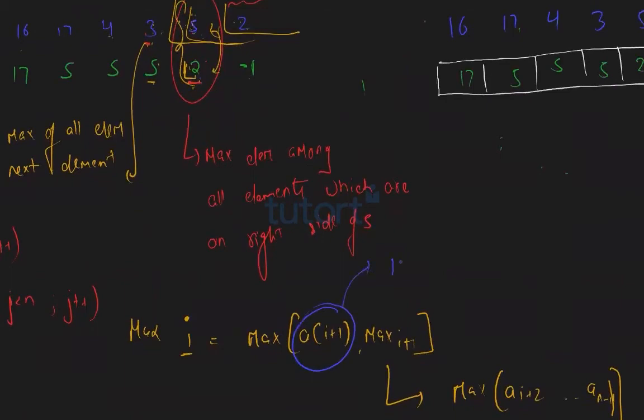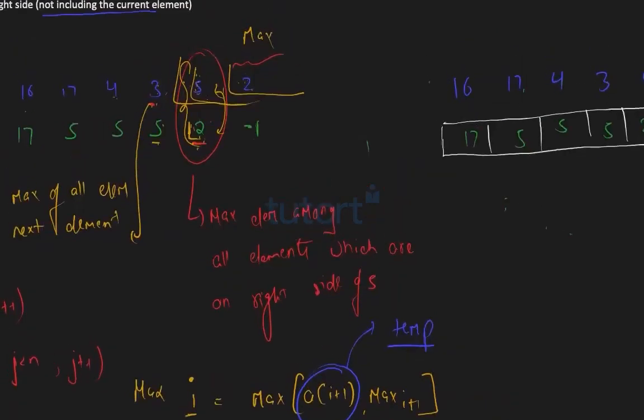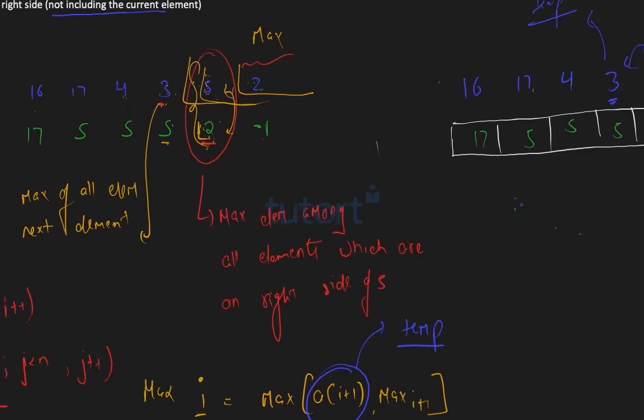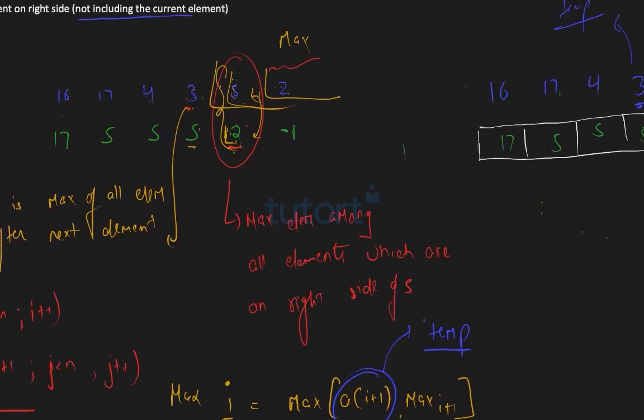If I keep this element in a temporary variable in every iteration, I can simply use it without any extra array. How are we getting the answer? We are just comparing these two. When we compare these two and replace, I just need to keep the replaced value in another variable, a temporary variable, to be used in the next iteration. So I can completely avoid using an array by using a simple variable. This way we can avoid using a whole array to achieve the same thing.